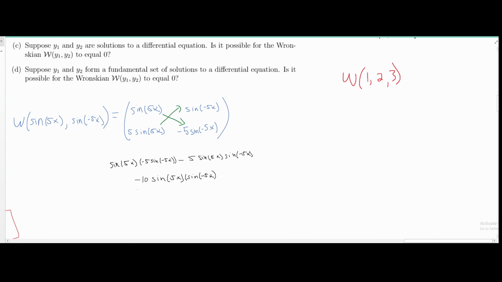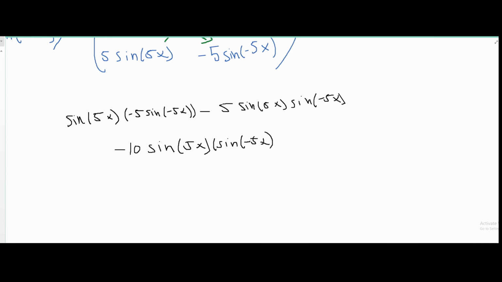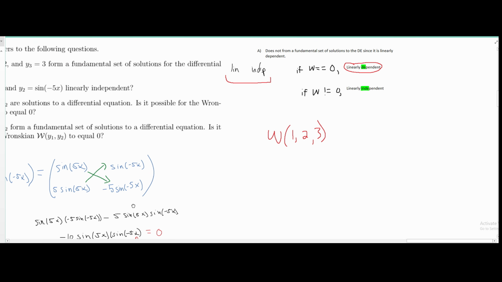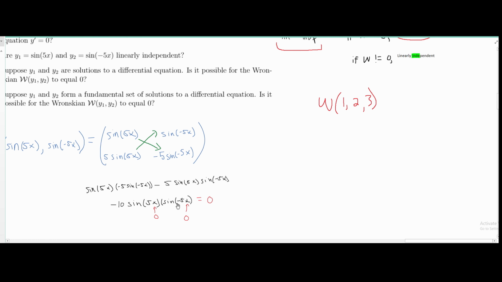Since we can plug in zeros for our x's to test these, we can plug in a 0 here and a 0 here. That means this is going to equal 0. It can equal 0, which means our Wronskian is linearly dependent because our W can equal 0.